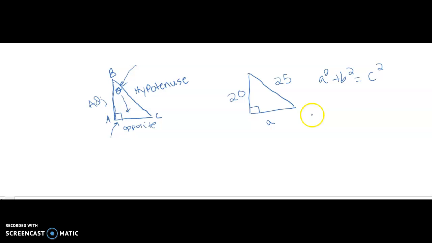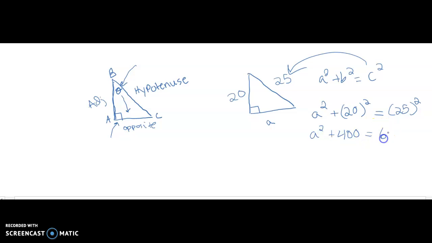So for this triangle, we have a squared, which we don't know, plus 20 squared is equal to c squared. Now remember, c squared is always my hypotenuse. So we have 25 squared. Well, this becomes a squared plus 400 is equal to 625.